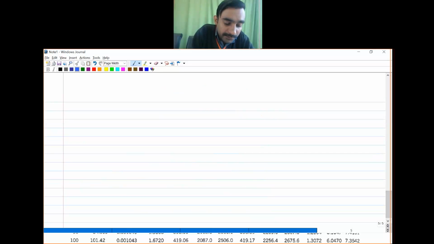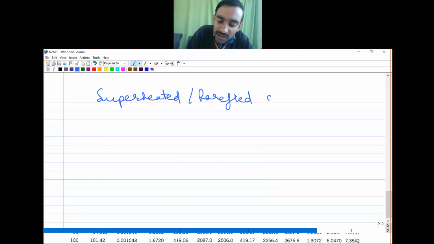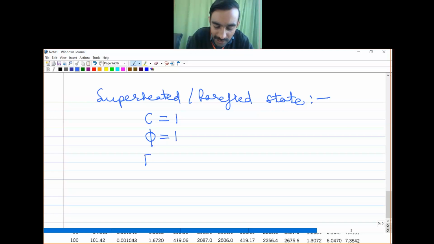Okay, now let me take up another example of the superheated state. If we take the superheated or rarefied state, once again we will have the number of components as 1 only, because we are only considering water, and our phase in the superheated state will be completely vapor, so phi will be 1.